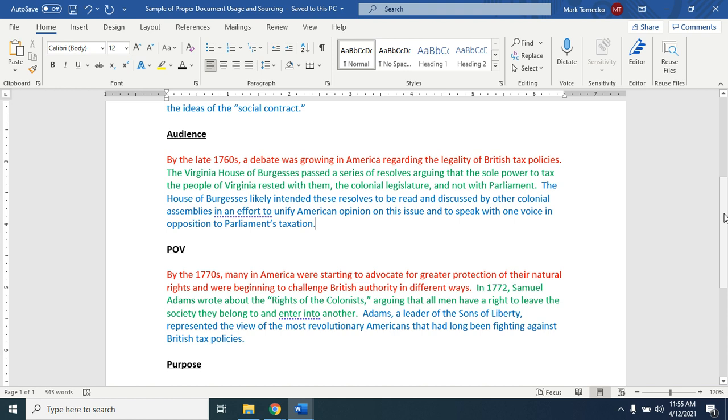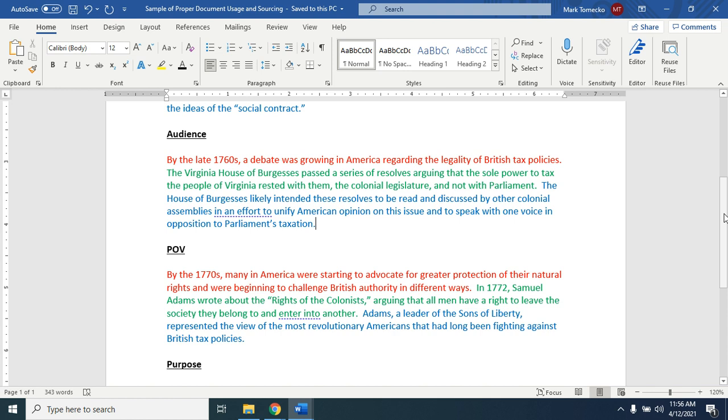So I struggled, and I was looking at the documents, and there were only a couple that I thought audience might work here. So I tried it with the second document. So here's my thesis or claim and analysis. By the late 1760s, a debate was growing in America regarding the legality of British tax policies.